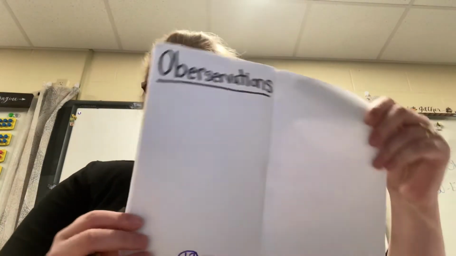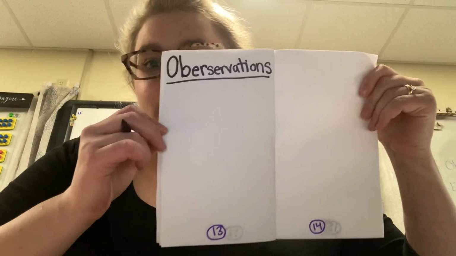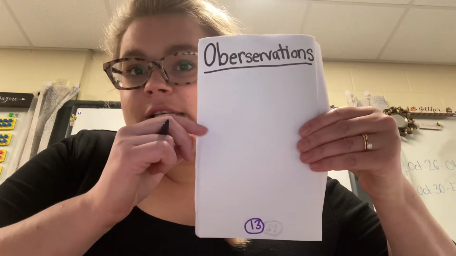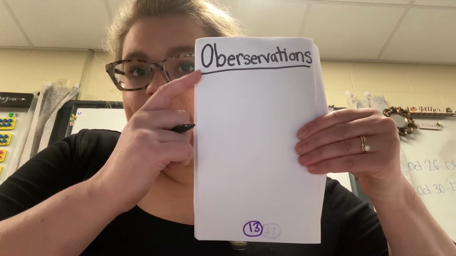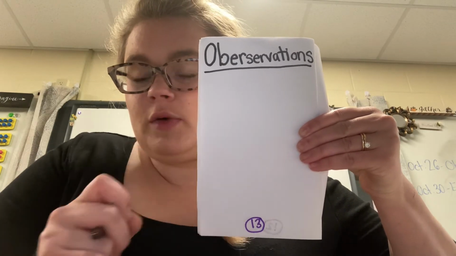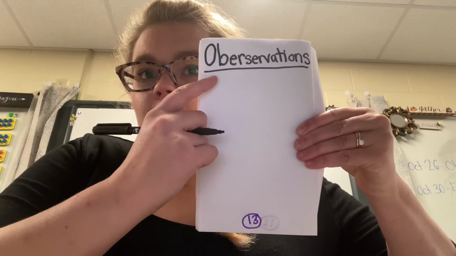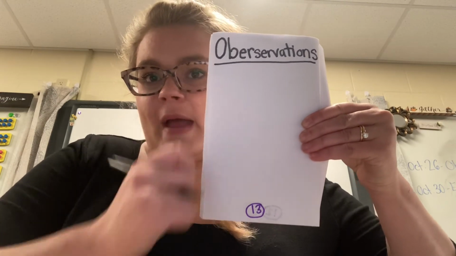That text feature will let my reader know that that's what they're going to be reading about on the next several pages. Observations at the top of page 13. If you need to pause this video and copy this in your book, you can do that now. You should have written observations at the top of your page.